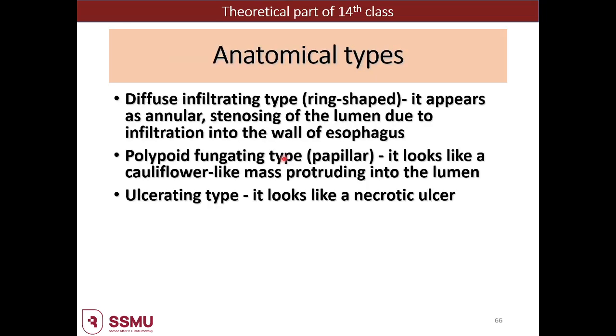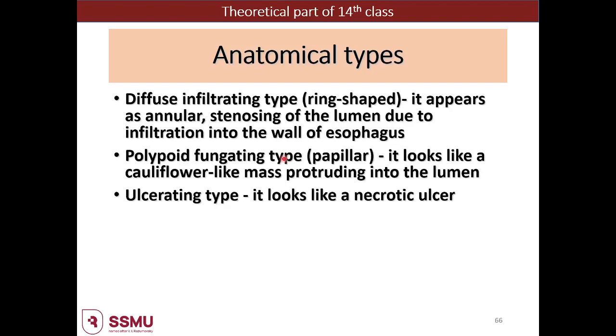Anatomical types of esophageal cancer: diffuse infiltrative type or ring-shaped cancer, which appears as an annular stenosis of the lumen due to infiltration into the wall of the esophagus; and the polypoid, fungated, or papillary type of cancer.